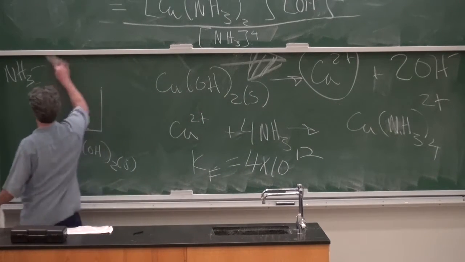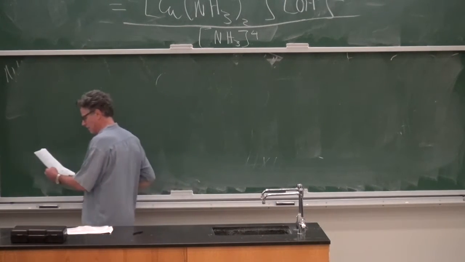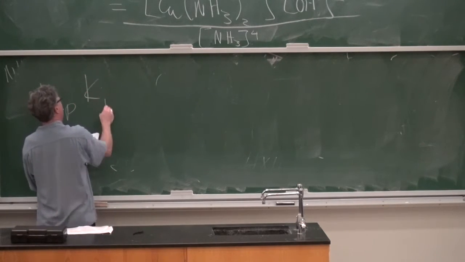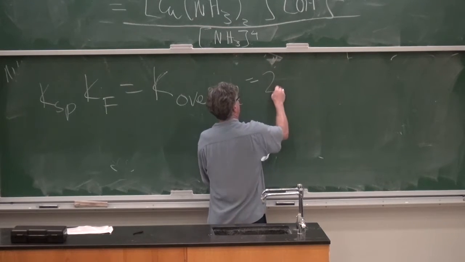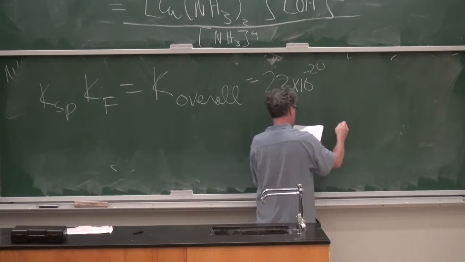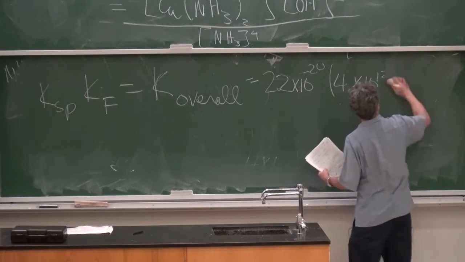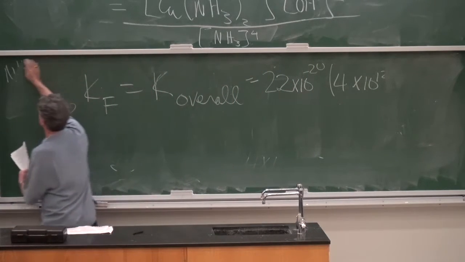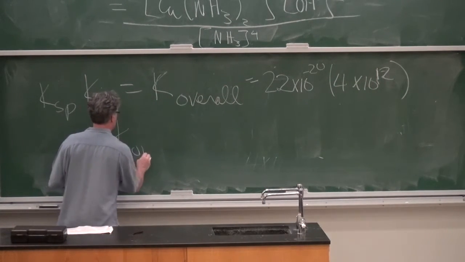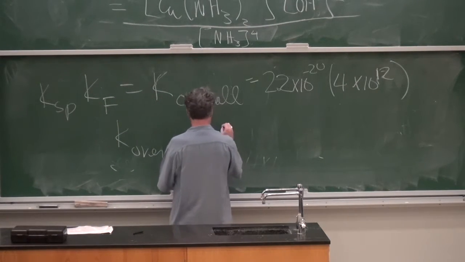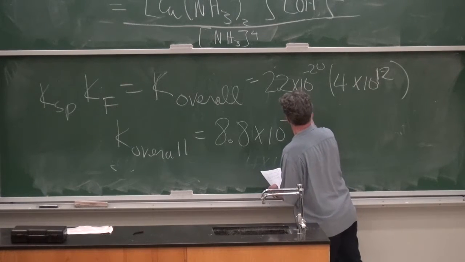If you do the math now, just by multiplying those two, you find out that KSP times KF, which is this thing we call K overall, would be the KSP, 2 times 10 to minus 20, small number, times big number, or K overall, 10 to the minus 8.